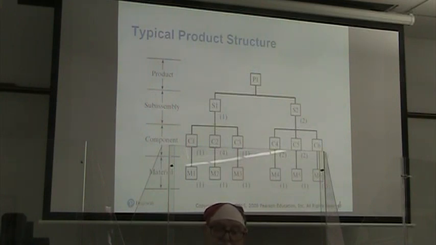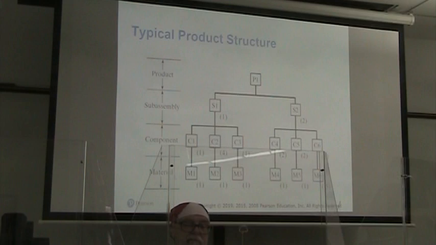Those subassemblies are made up of components, in this case C1, C2, and C3, and S2 is made up of C4, C5, C6. And then our material goes into our components that make up our subassemblies that make the product. And the music goes round and round, O-I-O, E-O, and it comes out here.